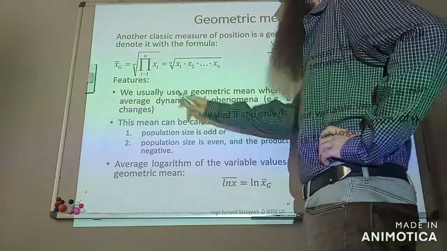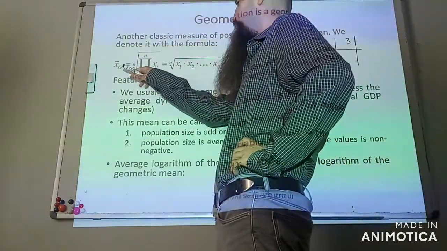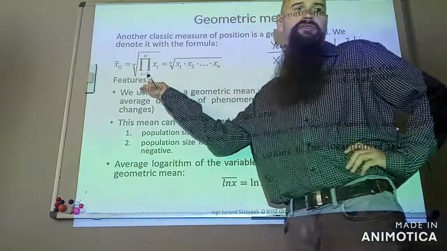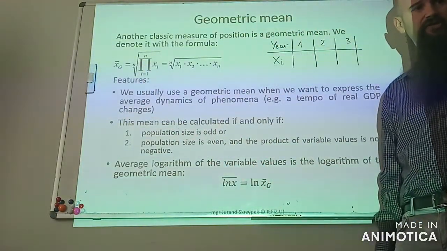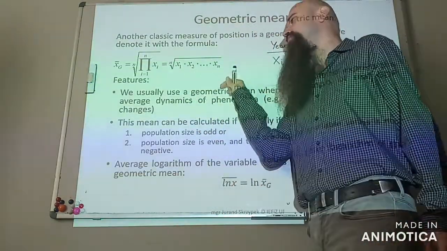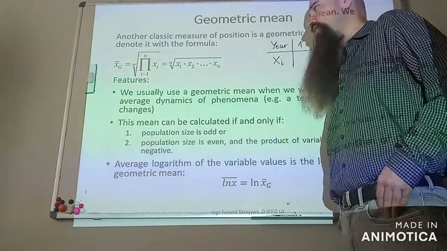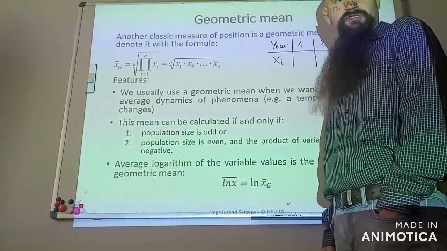Geometric mean is an nth root of a product of all the values of our variable. In other words, it means that we compute the product of all variable values.